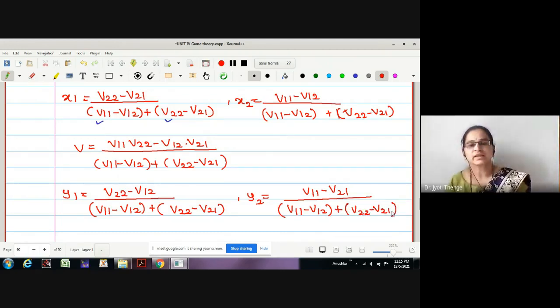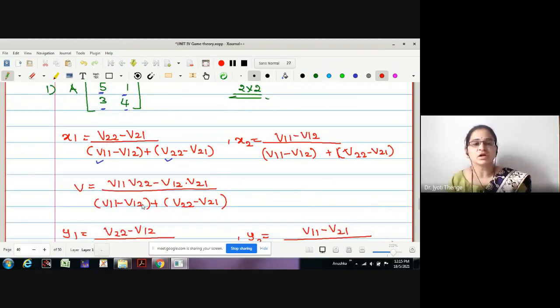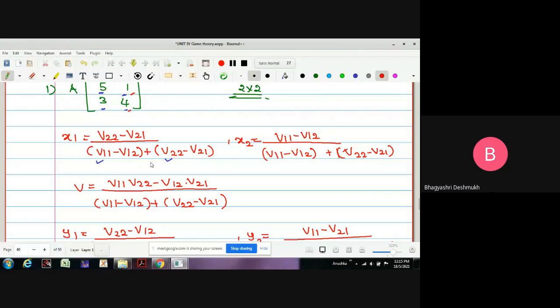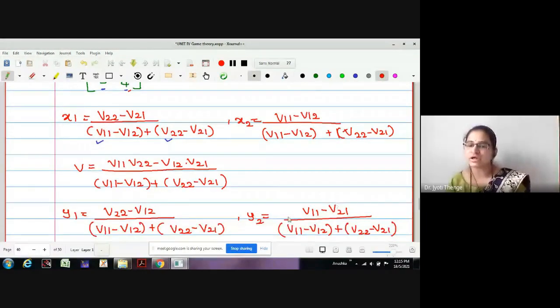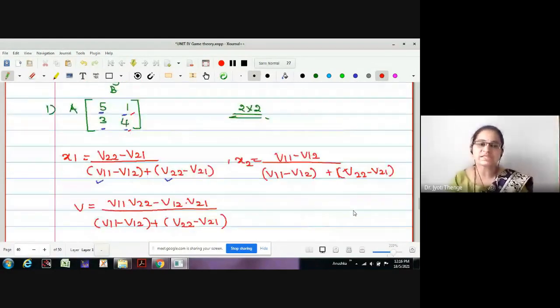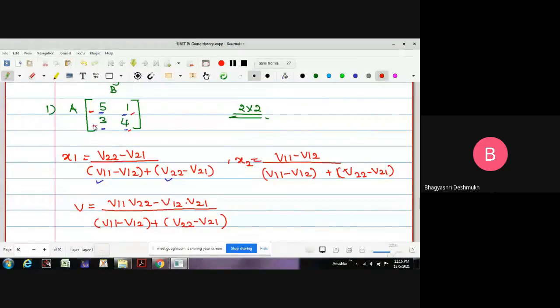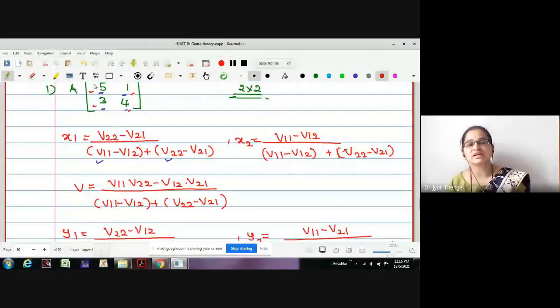Is it okay? Therefore, if we observe, the numerator of y1 is V22 minus V12. These are second column elements, the second column difference. Right. What for the numerator of y2? V11 minus V21 means it is the difference of first column elements. That's why we were finding the difference of first column elements and putting it under second column, and the difference of second column elements and putting it under the first column.